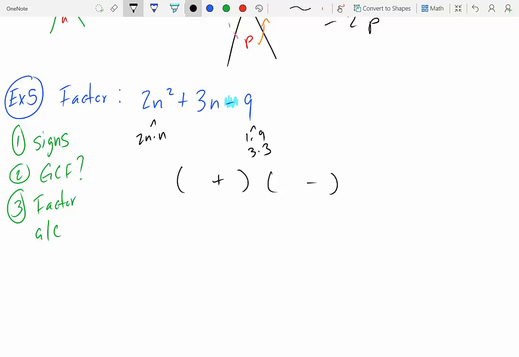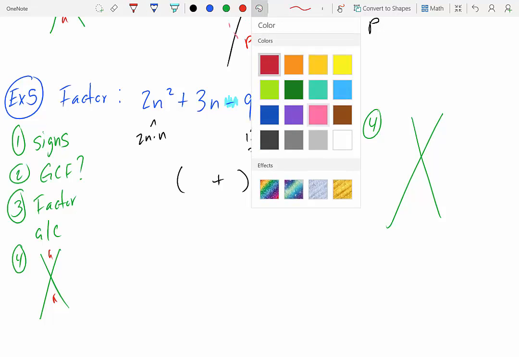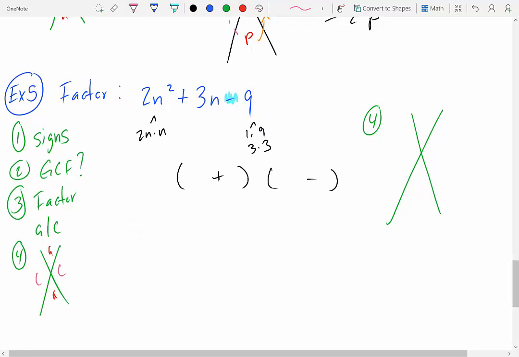Our fourth step, we want to draw an X. So we draw an X and we want to put factors of A top and bottom and factors of C left and right. So factors of A, we only have one set to pick from. We have 2n and n, so 2n, n. And for C, we have two factors to pick from. We have 1 times 9 and 3 times 3.